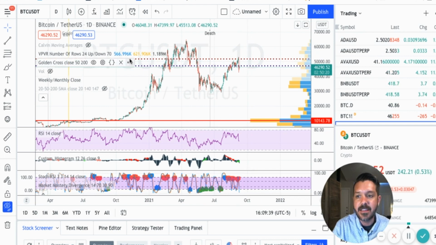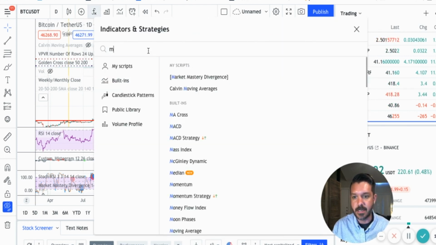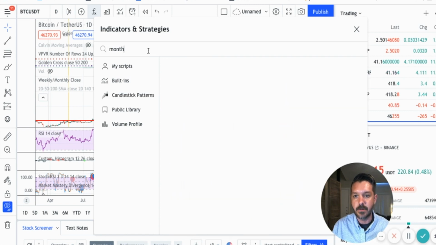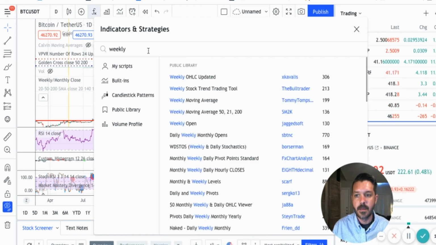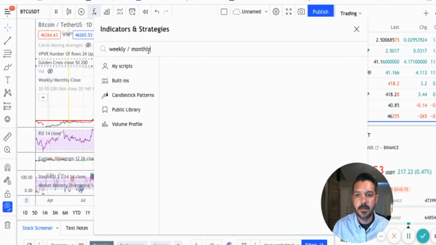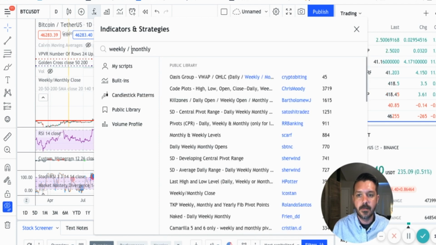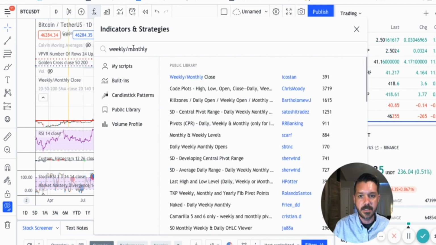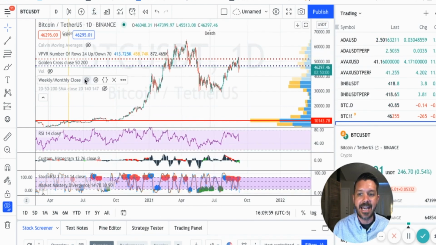So having the monthly weekly close, and again, to get this, you would just type in weekly, monthly. Maybe you need to take these spaces out. Weekly, monthly close, and you just click on that, and it would add it into the chart so that you always know where the weekly and the monthly close are.